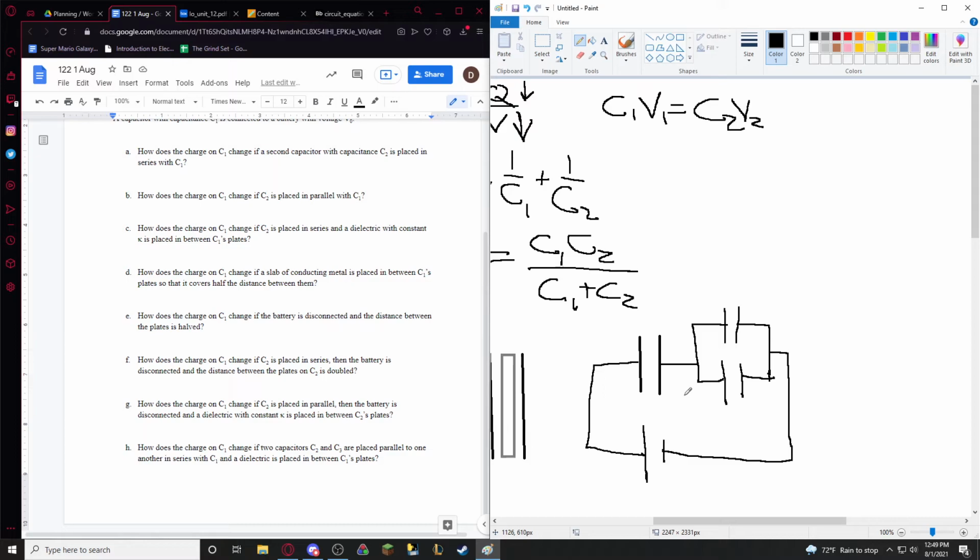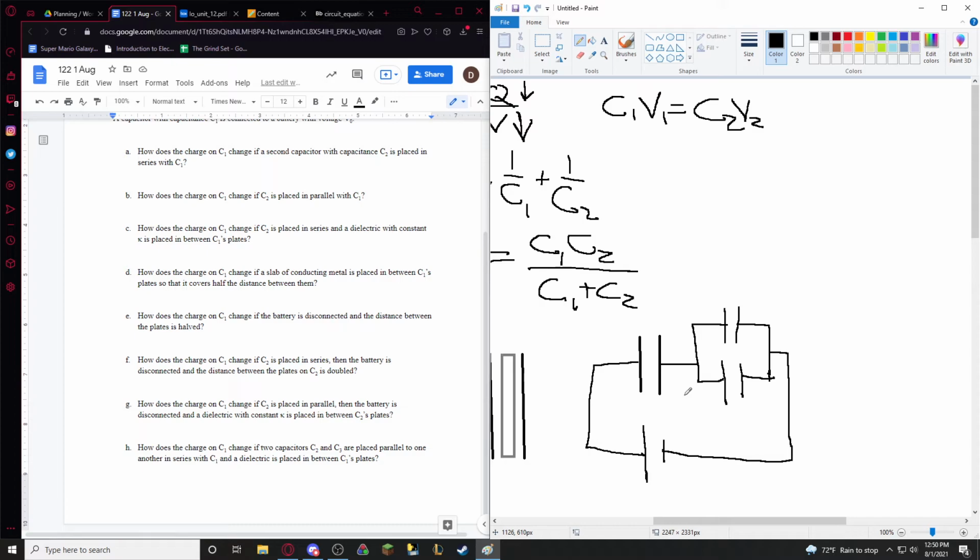It's literally just a two capacitors in series problem, right? So the charges should still be equal. I'm trying to fully understand the question. I'll give you a hint. You can just treat this problem as if C2 and C3 are just a single C23 that's in series with C1.